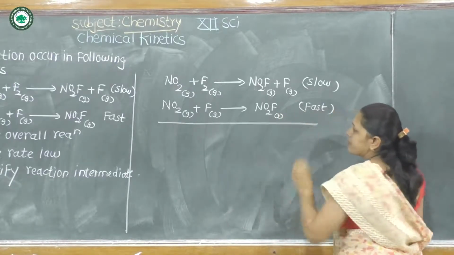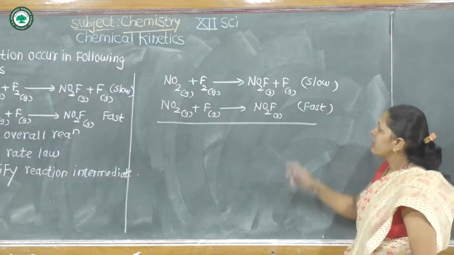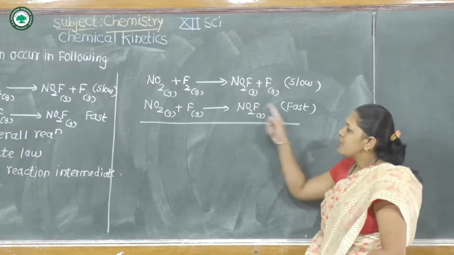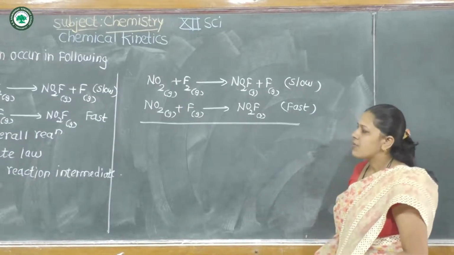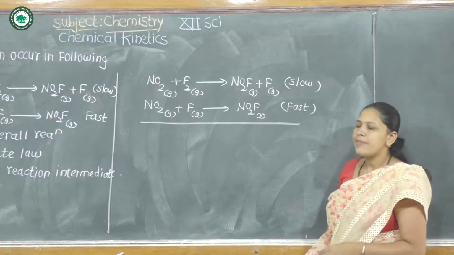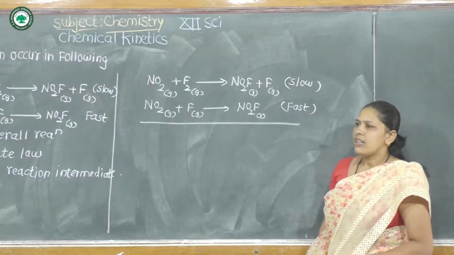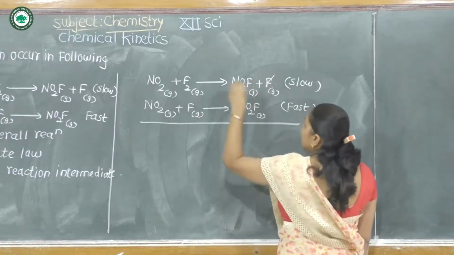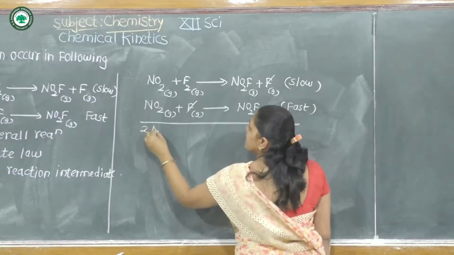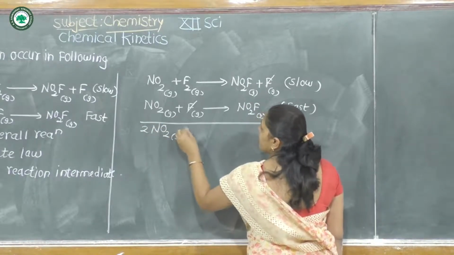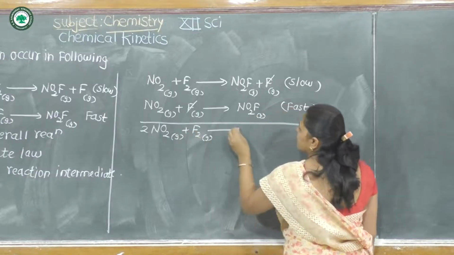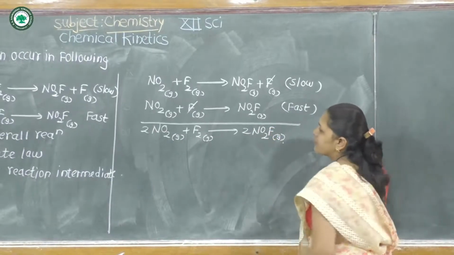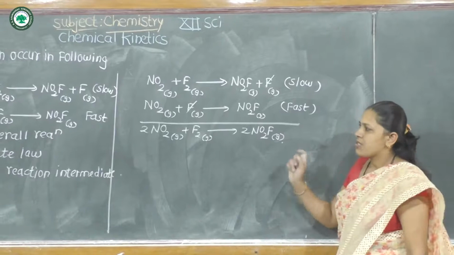By adding, it is observed that elemental fluorine is formed in the first step, which is consumed in the second step. Therefore, the reaction intermediate is elemental fluorine. By addition, elemental fluorine gets cancelled. Twice NO2 plus fluorine gas gives twice nitryl fluoride. This is our answer to the first question.